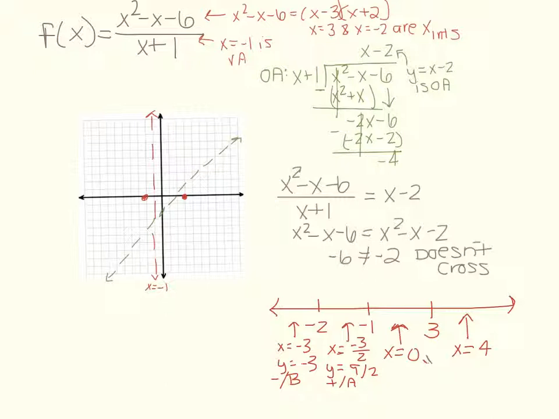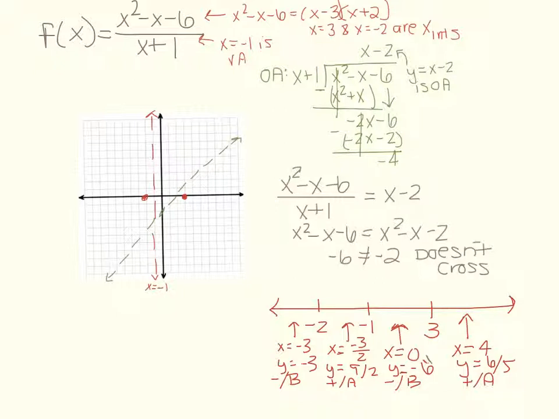When x is equal to 0, y is going to equal -6. So it's negative, which means it's going to be below in that entire interval. And then finally, when x is equal to 4, y is equal to 6/5, which is positive, so for that entire interval, the graph should be above the x-axis.